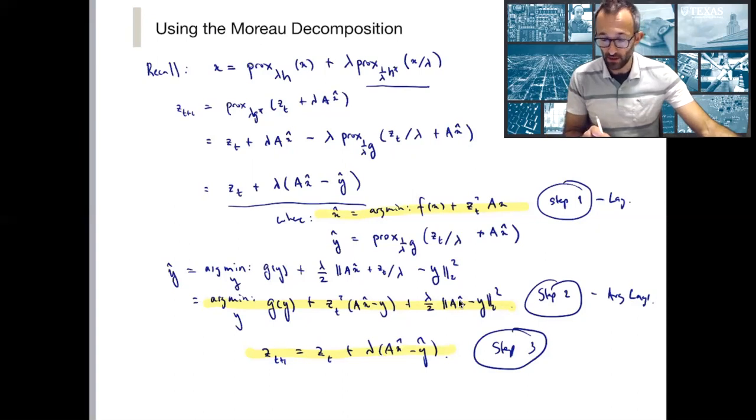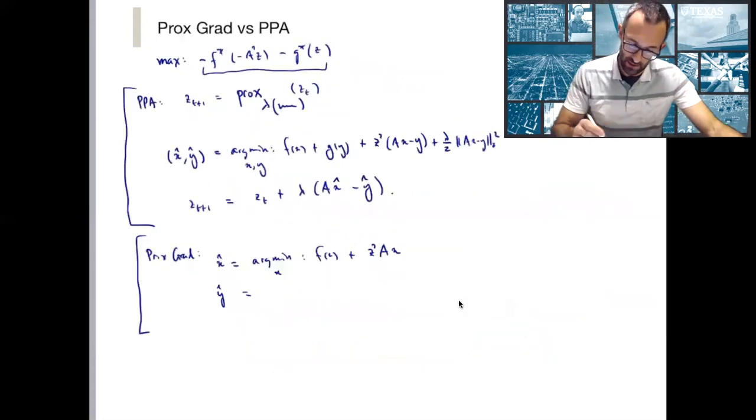Note that I could even just drop the Ax hat in the first part, but I'll keep it.